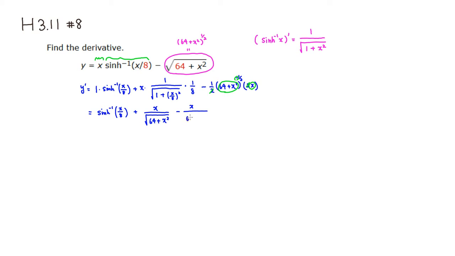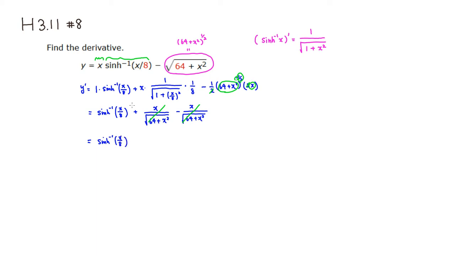So we have 64 plus x squared on the bottom. Then the 1/2 power corresponds to the square root. So luckily we can cancel the second term and the third term. It goes away, and what you get is hyperbolic sine inverse of x over 8.